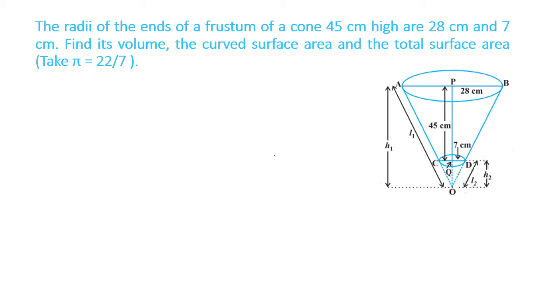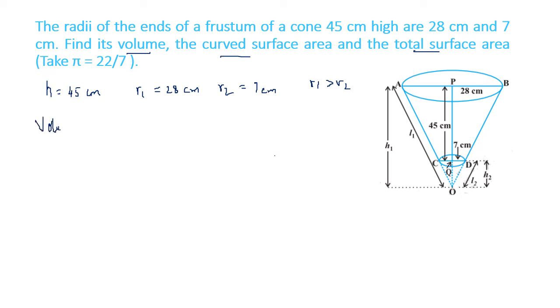The height of the frustum h is given 45 centimeter, and the radii, R1 equal to 28 centimeter and R2 equal to 7 centimeter. We saw R1 is greater than R2. We have to find the volume, curved surface area and total surface area just by putting in the formulae. If you don't remember the formulae, then you can just rewind the video and go back.